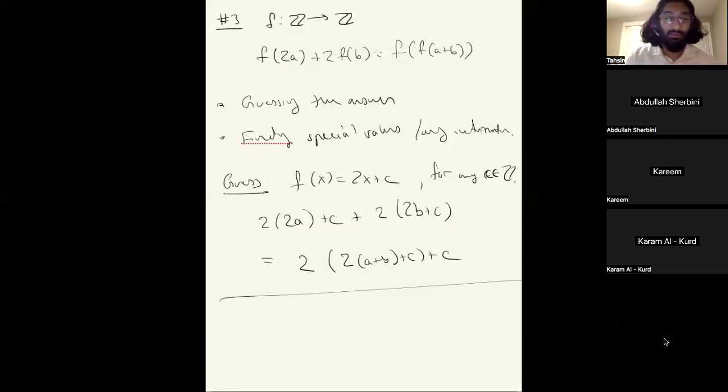Maybe here's some meta observations. Why is this problem hard? What's difficult about this problem? Maybe the composition, right?